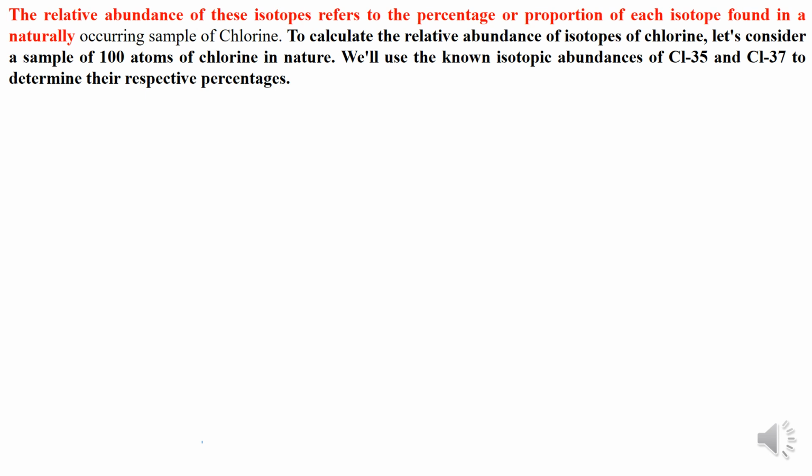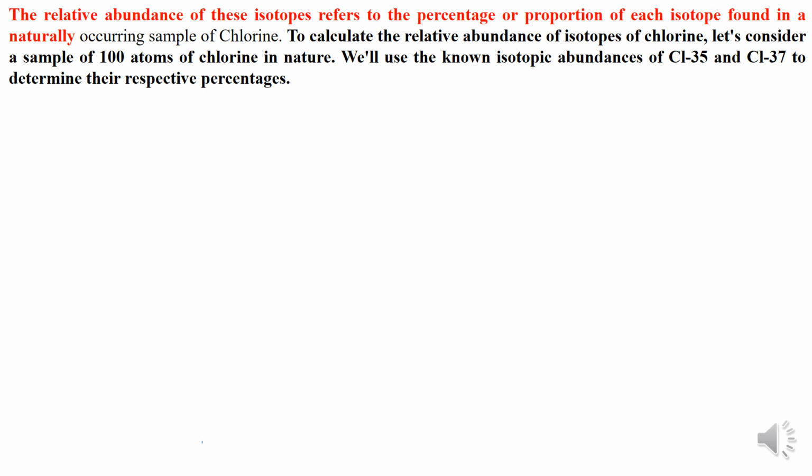Now what is the source of these relative atomic weights? Say for example, you want to find out the relative atomic weight of chlorine. There are two sources. One is you can refer to the periodic table and get the relative atomic weight of chlorine. And the other source is the mass spectral analysis.